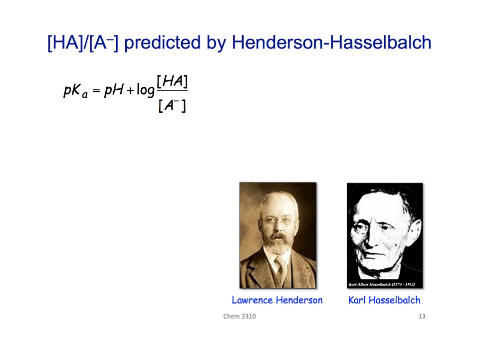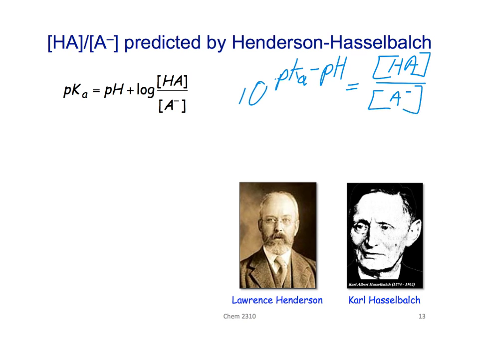So we get rid of the log. And so what we would get is 10 to the pKa minus the pH equals the ratio of HA over A minus.